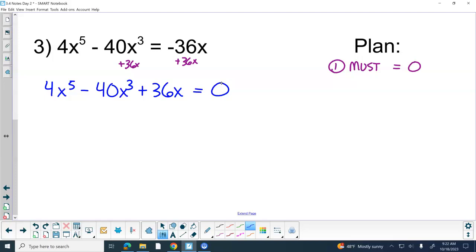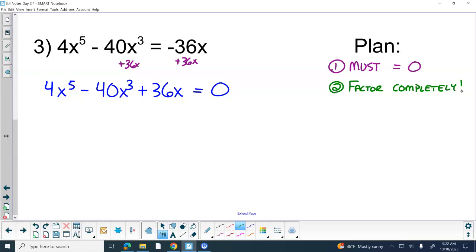Then, step number 2. You are going to factor until you cannot factor anymore. And then you're going to factor some more because we want you to factor it all the way up.